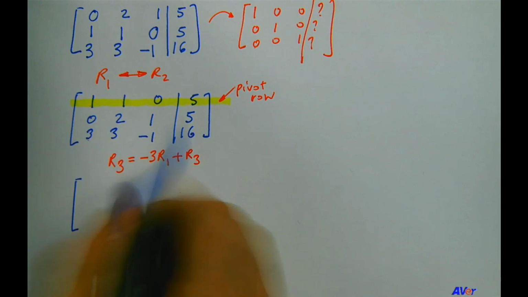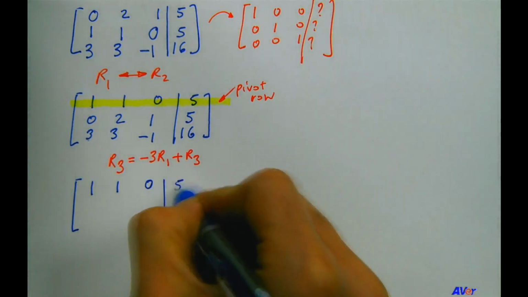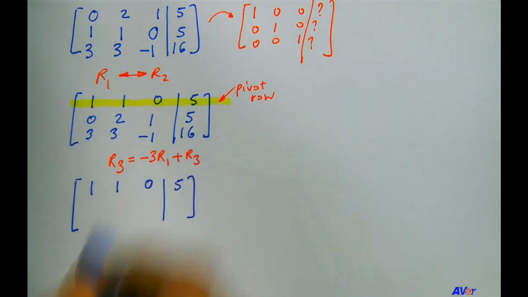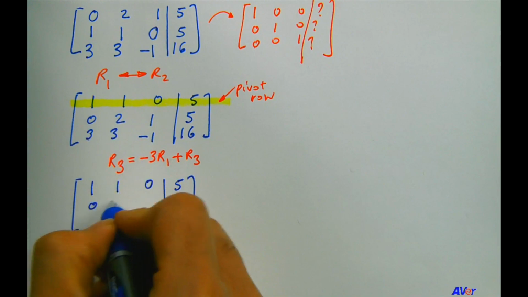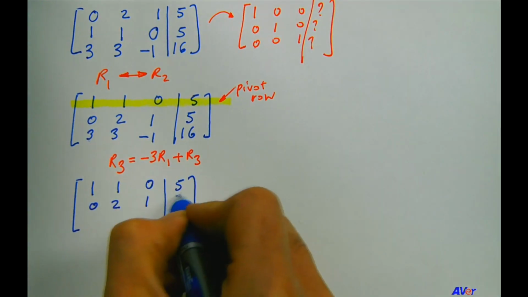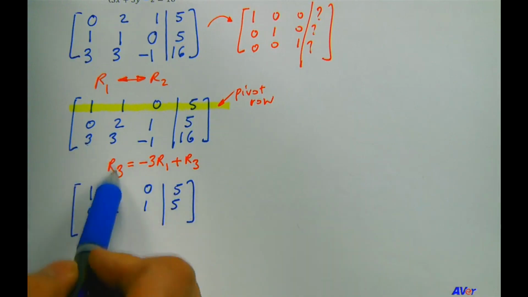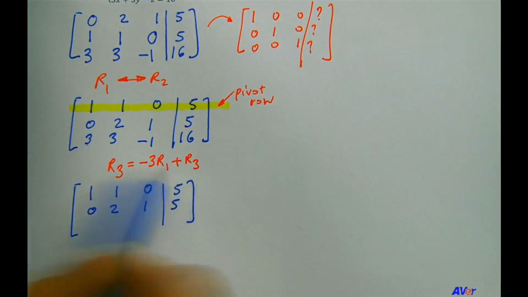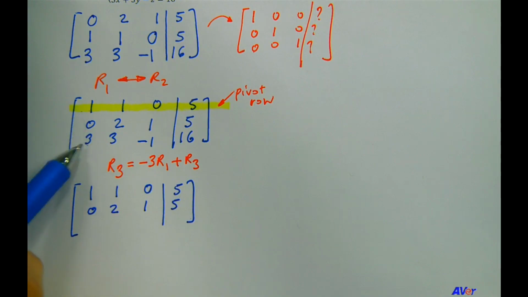So row 1 is the pivot row, so naturally it's not changing. Row 2 is not changing either because we already have a 0 in that spot. So 0, 2, 1, 5. Now we're going to change row 3 with this row operation. Minus 3 times 1 is minus 3, plus 3, 0.